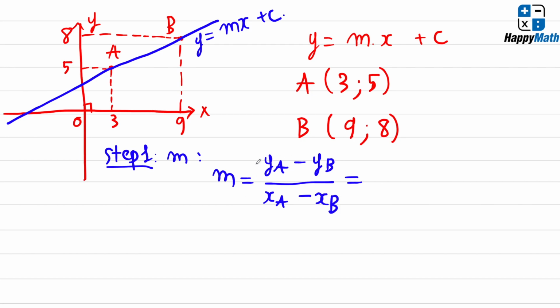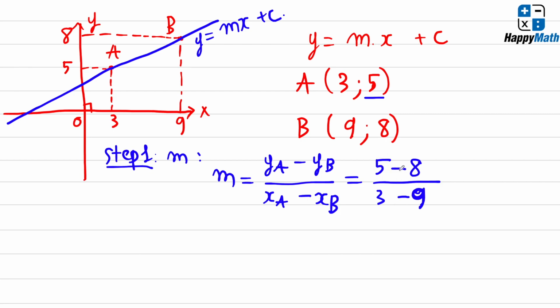This is the formula, that's all. So what is ya? Ya is 5. It's not 3, because 3 is the x coordinate. Yb is 8. And xa is 3. And xb is 9.